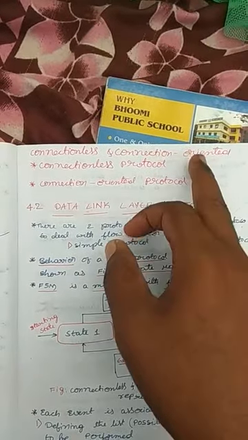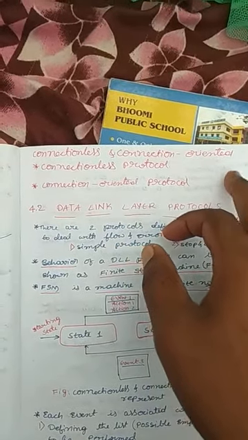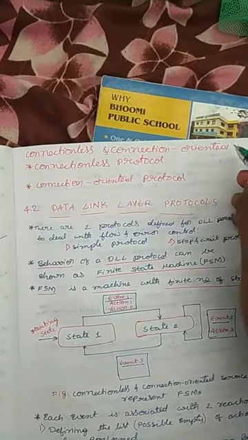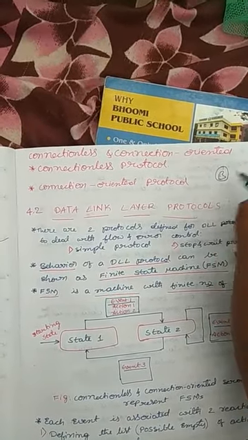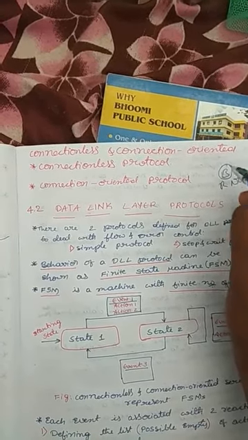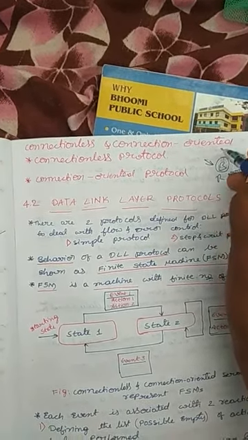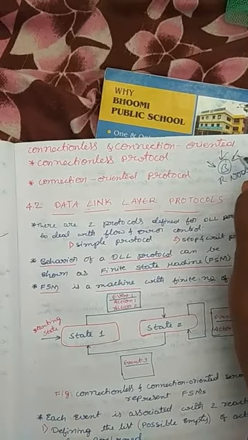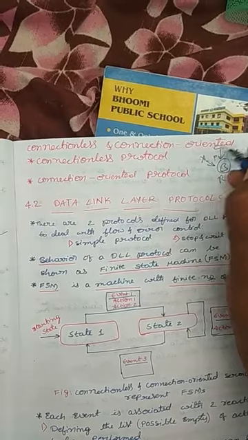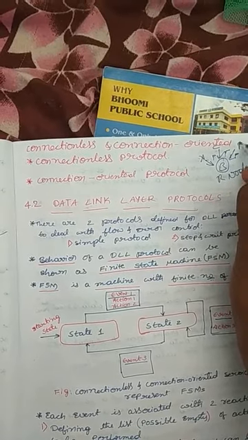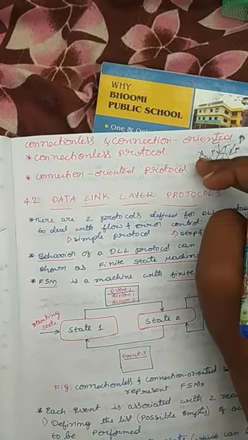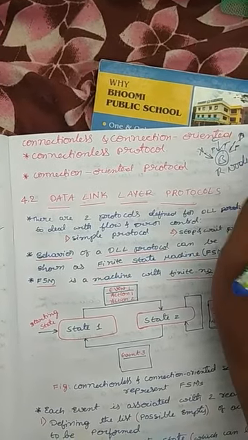Means B is the receiver node; it can receive the frames from A, C, D like this. B is the receiver, it can receive from any of these nodes.